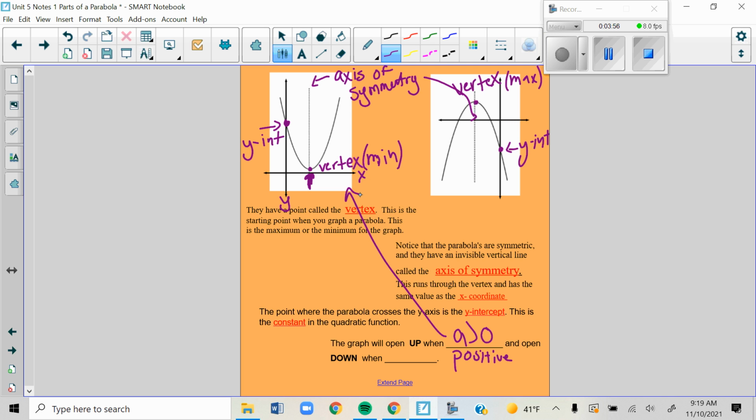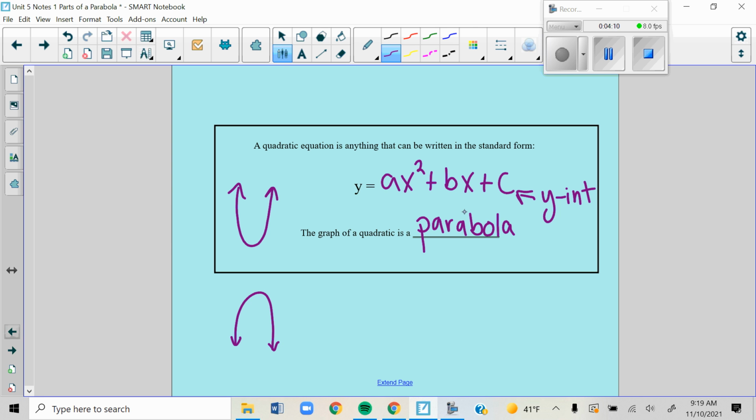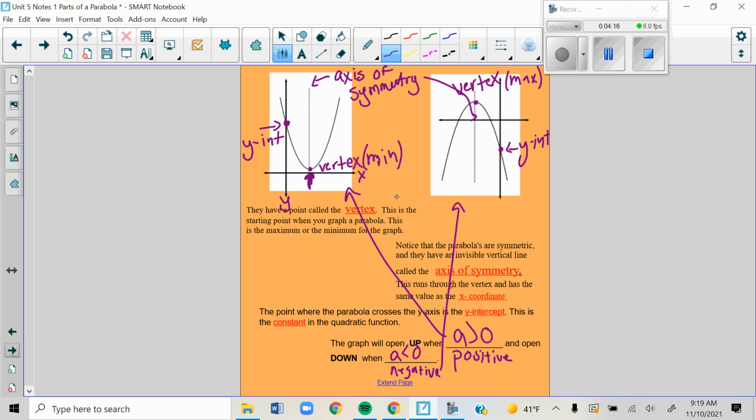And it opens down when a is less than 0 or is negative. And so that's that look for the graph. So just by looking at your a value here, you are going to be able to tell me right off the bat if your graph is going to open up or open down. All right, so that was a bunch of vocab pieces.